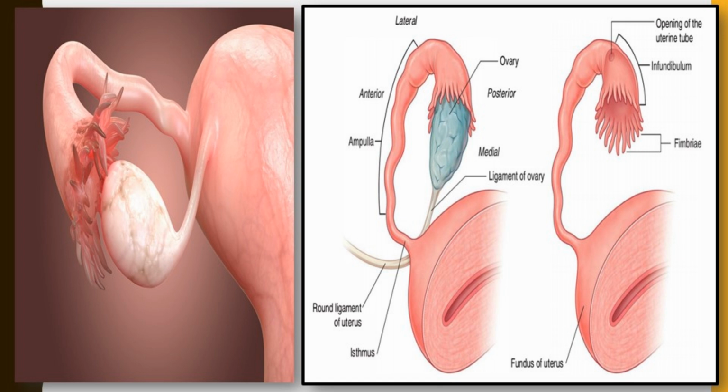Please observe these parts from the diagram. The edges of the infundibulum possess finger-like projections called fimbriae, which help in the collection of the ovum. After ovulation, the infundibulum leads to a wider part of the oviduct called ampulla. The last part of the oviduct is the isthmus, which has a narrow lumen and joins the uterus.